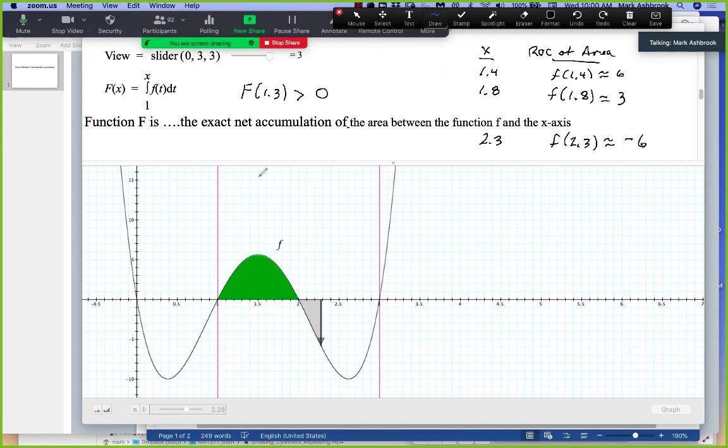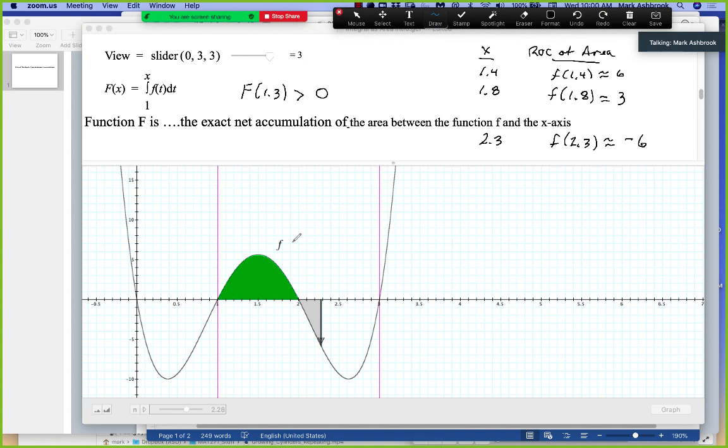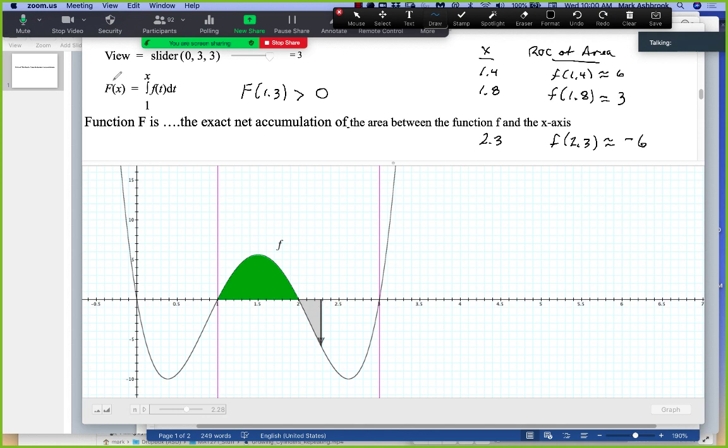So what is this really finding? This capital F function is really finding a difference of areas. Wherever the function is positive and the rate is positive, that's going to have a positive contribution to this quantity, right? And whenever the function is negative, the accumulation in those values of x will bring this down, will make this decrease.